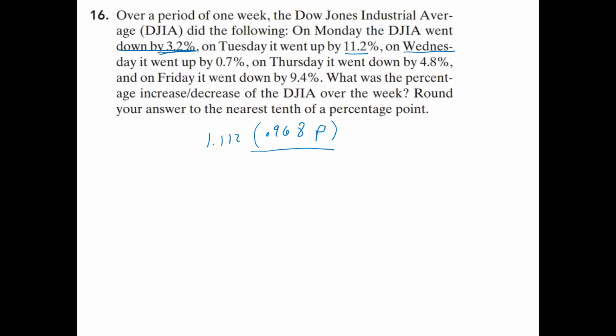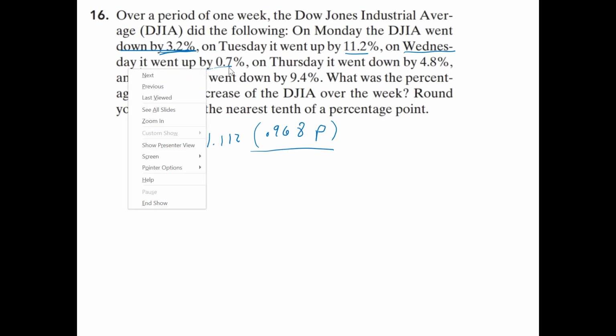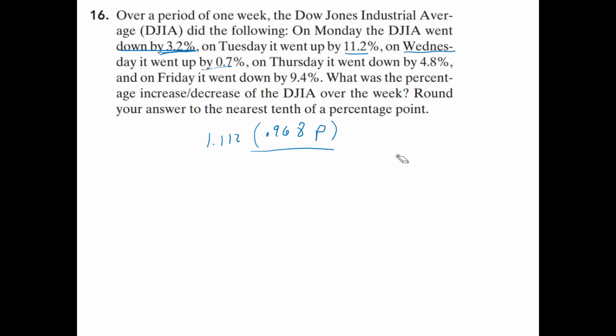On Wednesday, it went up by 0.7%. So then we're going to take this amount right here and multiply it by 1.007. Okay. On Thursday, it went down by 4.8%.